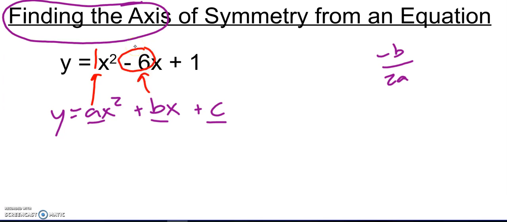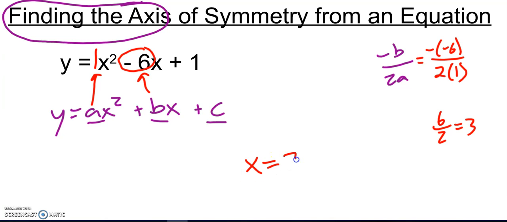So using the formula, I'm plugging in a negative for a negative variable, so what it looks like is -(-6) over 2 times 1. So really we have +6 over 2, which is 3. So our axis of symmetry is going to be at x equals 3.